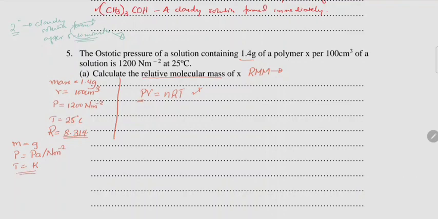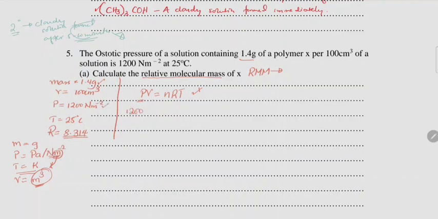Now our mass is in grams, but even volume should be in meters cubed. The easier way to memorize this is that Newton per meter squared means volume should be in meters.